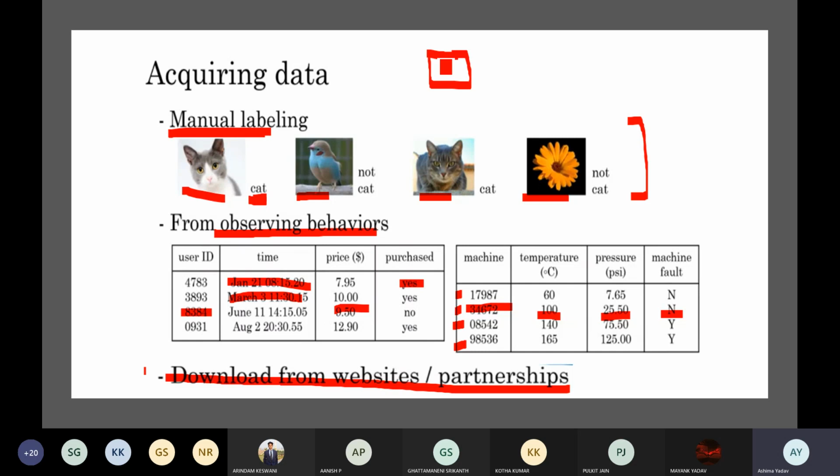This will convey a positive sentiment, a positive emotion to me. Again, if I have another image where there is a fire and a building caught fire, this is a negative sentiment. This is conveying a negative sentiment to me.